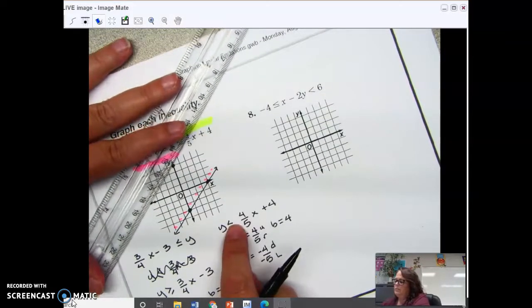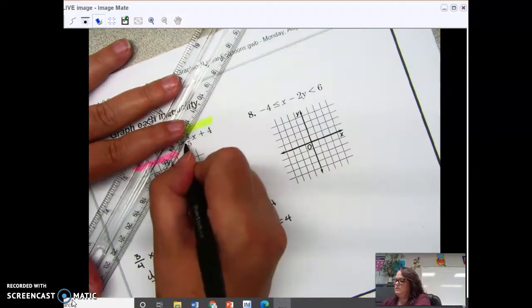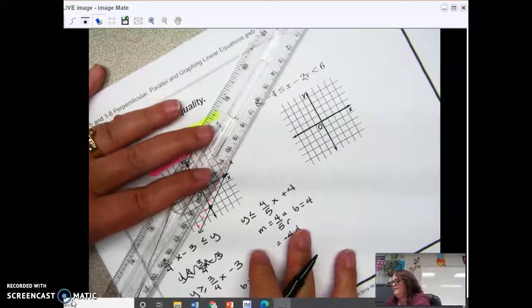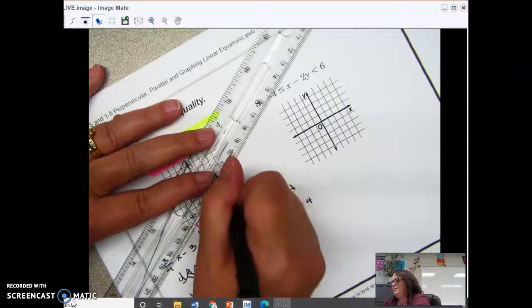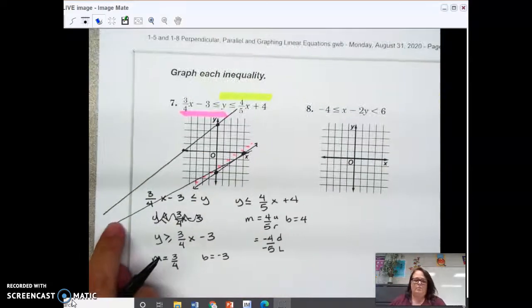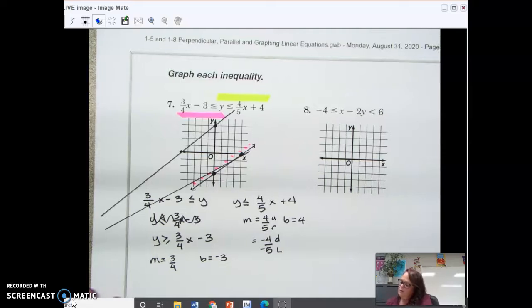So what I want you to imagine, and I'm going to exaggerate it a little, so this isn't going to be a perfect graph. If I keep going like this, do you see that at some point in time they're going to cross? And so then I need to figure out where that shading would be. I apologize for this not being the best example to start with, but we're going to go with it.